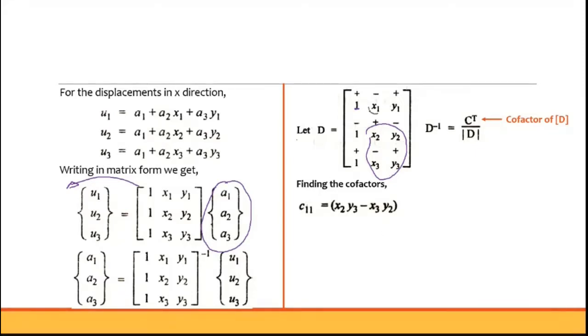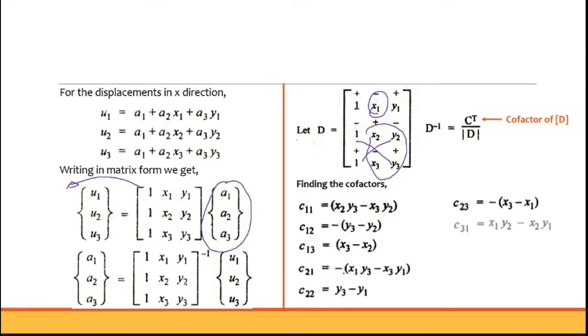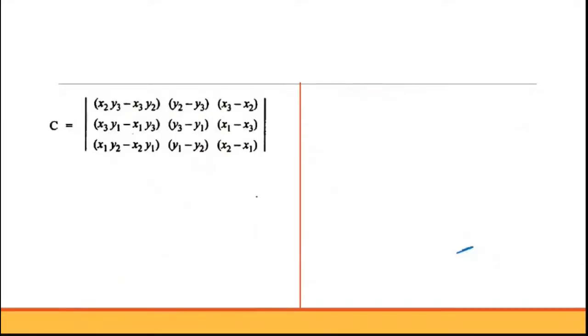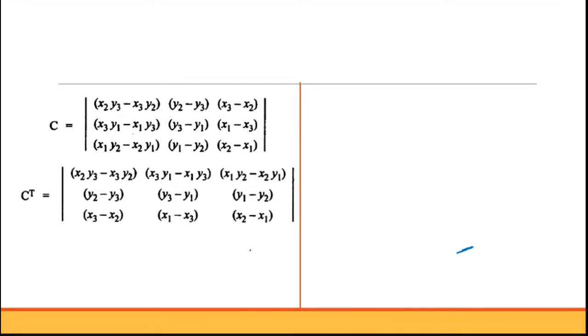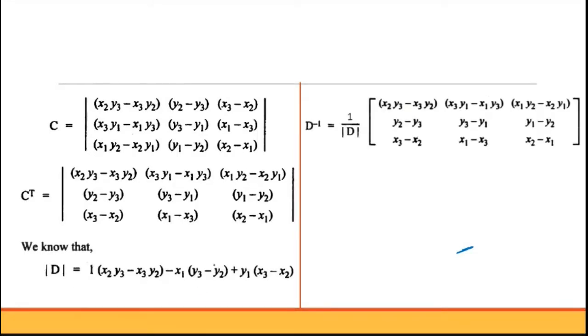For cofactor C12, you consider y3 and y2, so minus of y3 and y2. You identify each cofactor for C11, 12, 13, 21, 22, 23, 31, 32, 33. You write all these as an equation, then take the transpose, identify the determinant of your D matrix, and then you will get the D inverse matrix.